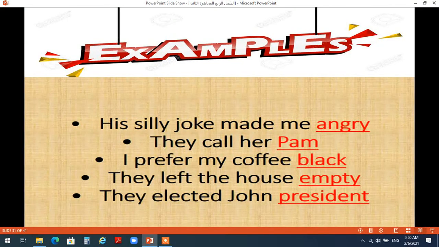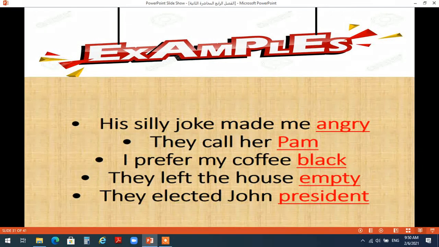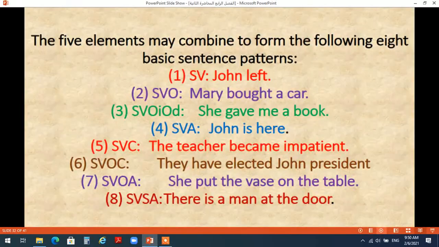So angry is an object complement. They called her Pam. Pam is an object complement. I prefer my coffee black. أيضا black is an object complement. They left the house empty. Empty is an object complement. They elected John president. Also president is an object complement. As you see, object complements in all these sentences are used to describe the direct object.